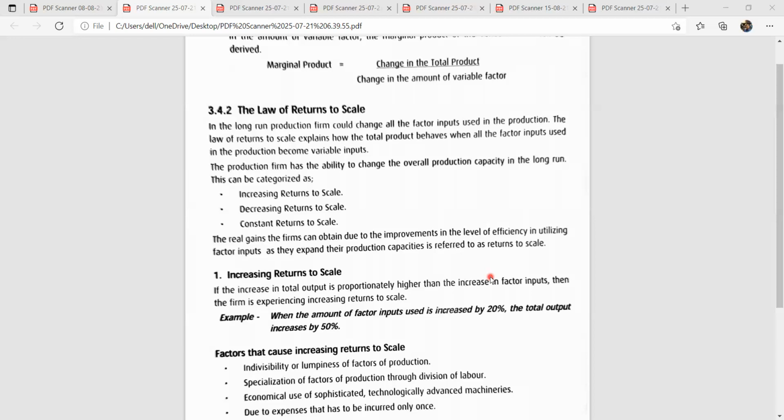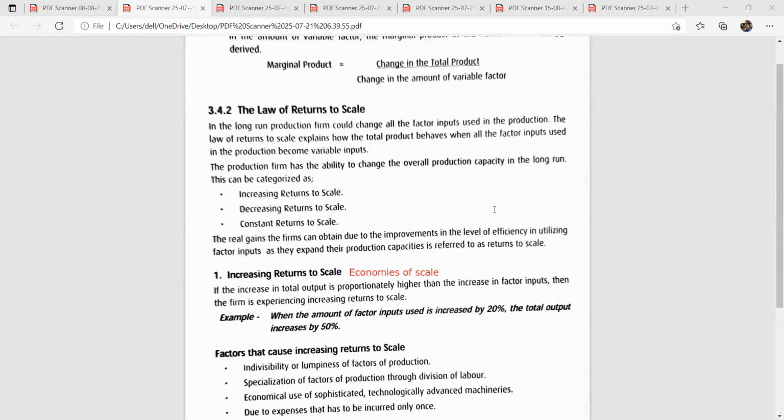Actually, we can say another word for this: economies of scale. Increasing return to scale or economies of scale.